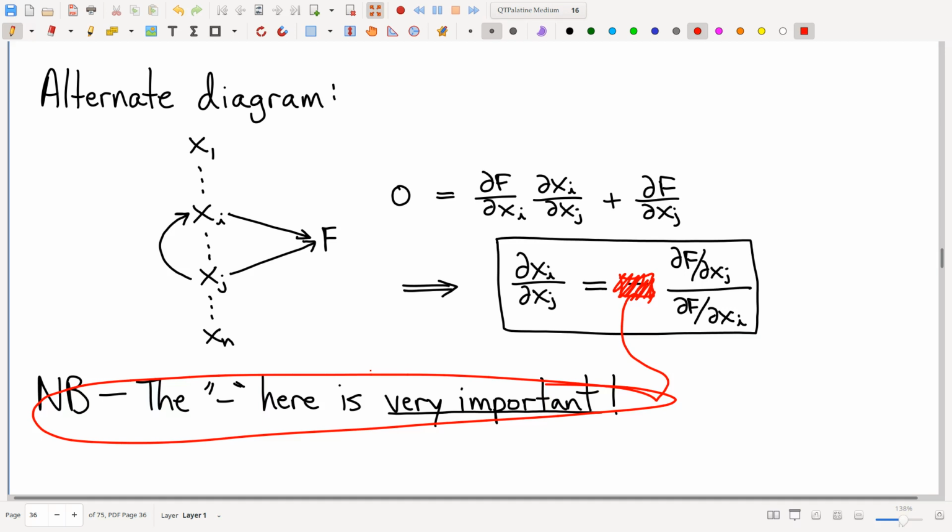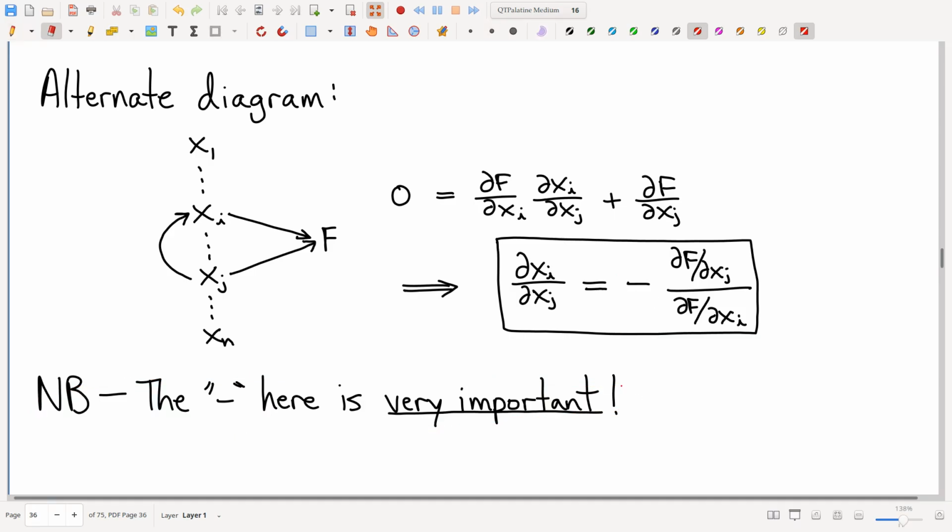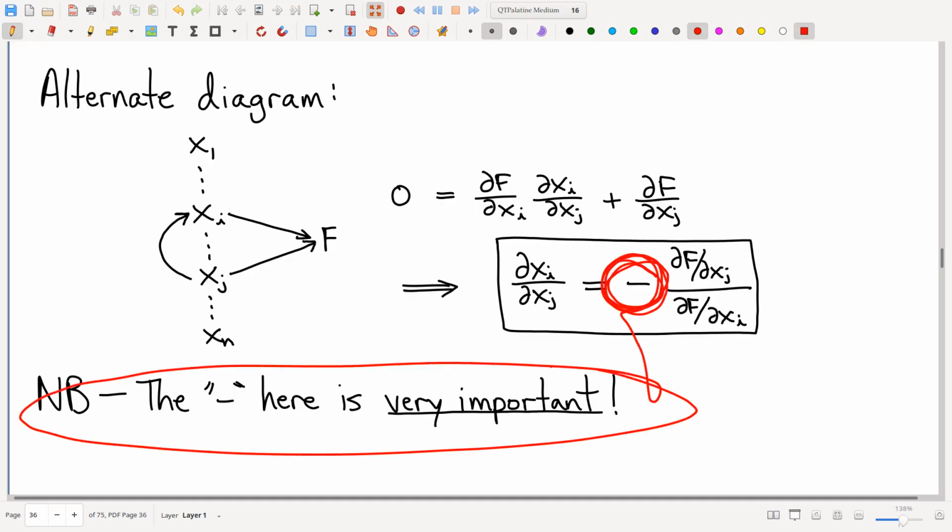So let's take the positive, optimistic view on this situation. That is easy money. Just make sure to remember that minus sign, right? Make sure to remember that minus sign. And that's very much to your advantage. Everybody good?